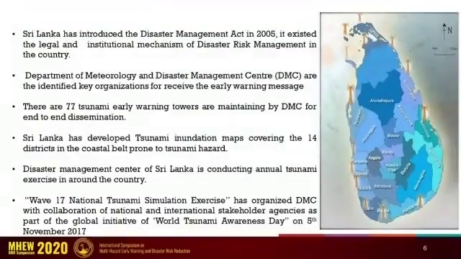In 2005, the government of Sri Lanka introduced the Disaster Management Act, and according to it, the National Council for Disaster Management and the Disaster Management Center were established. For early warning dissemination and handling, a 24/7 EOC was also established under the Disaster Management Center. For tsunami dissemination, the Disaster Management Center uses several techniques including tsunami early warning towers, and there are 77 early warning towers located in the 14 coastal districts.